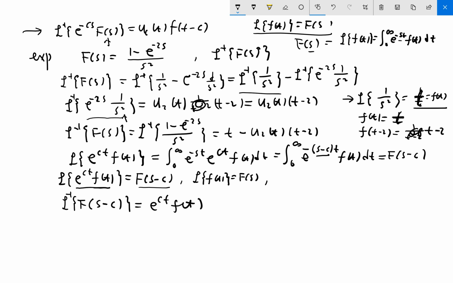Okay, now let's look at an example. We're going to use this formula: capital F of s minus c is the transform of e to the ct ft. Remember, capital Fs is the Laplace transform of small ft.